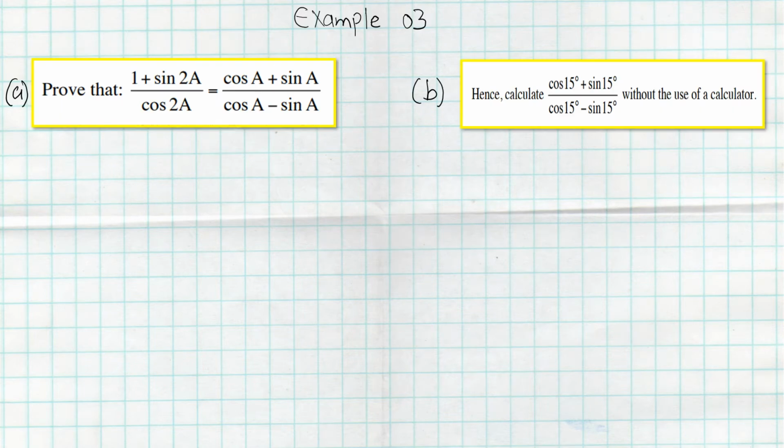Okay, let's now look at example 3. And A, it says prove that 1 plus sine 2a divided by cos 2a is equal to cos a plus sine a divided by cos a minus sine a, right?